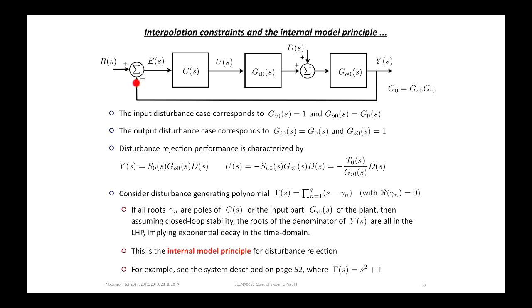Whenever you've got a signal coming in through a summing junction like this, then from the input to the output of the summing junction in closed loop will always be the output sensitivity function. So this signal here will just be the output sensitivity function S0 times G0.